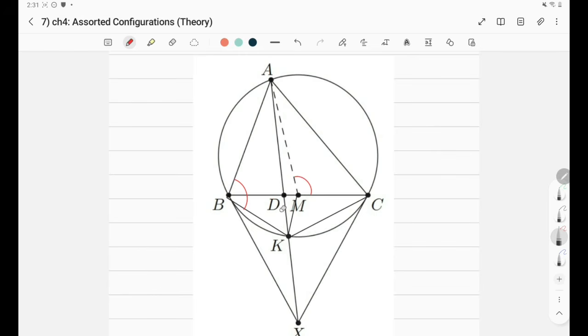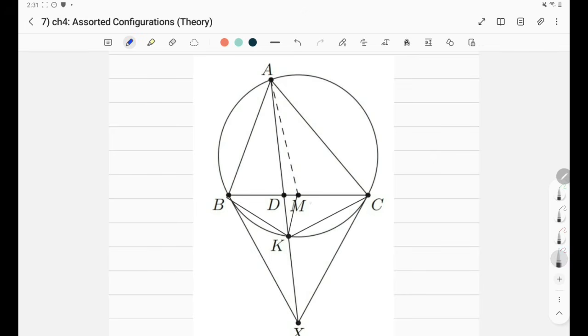So instead of showing this is equal to this, we want to show the other ones, this equals this. And now we can manipulate this one, we can take it to this one. So right now our goal is just to show that these two are equal. Okay, what can we do?